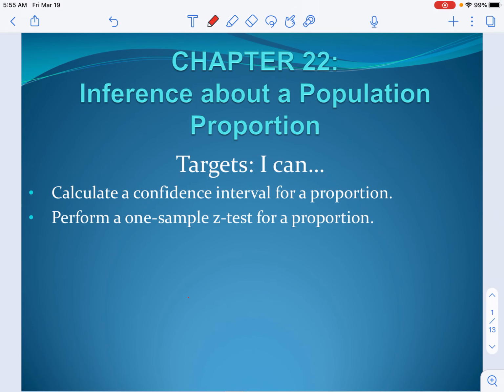So when we're working with proportions, we're working with categorical data. Everything that we've done up to this point has been working with quantitative values that have a mean. We're going to see the same procedures, essentially, slight tweaks to the equations, but for right now we're concentrating on a single population, and within that population you're going to be surveying about a question of interest.